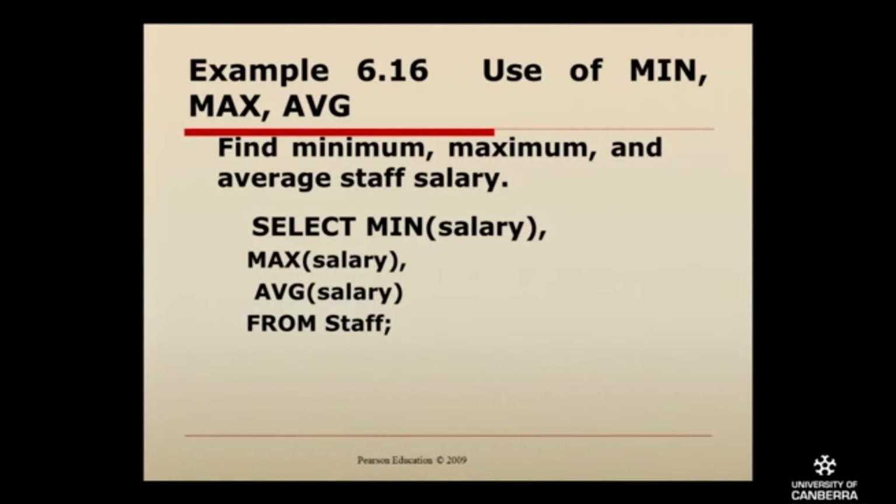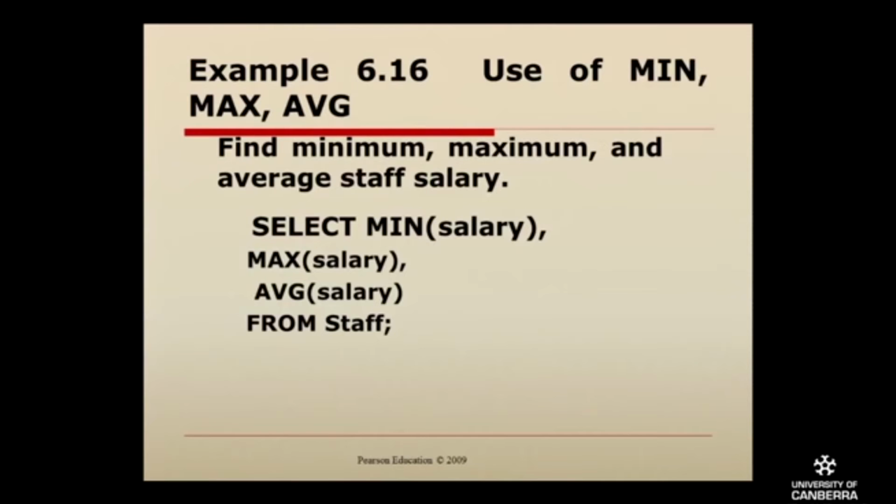You learned there are 5 aggregate functions that you can apply in your select statement: min, max, average, sum, and count. Here is an example: give me the minimum, maximum, and average salary of all the staff.